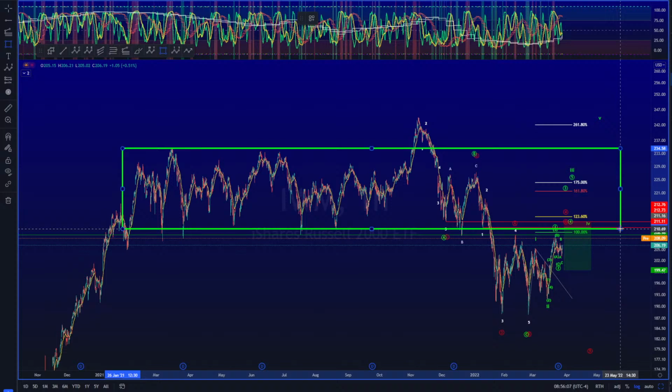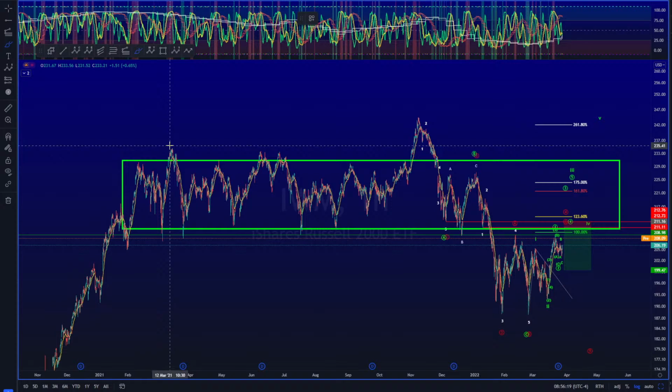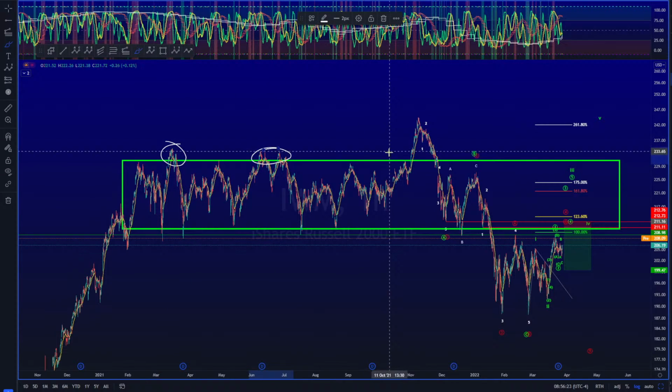I think our primary levels are actually going to be somewhere along the lines of about right here. Every time we have gone into a liquidity pool, we have seen a reversal back to the median, right? So liquidity pool here, huge liquidity pool up here, and then of course we've seen the same to the downside.